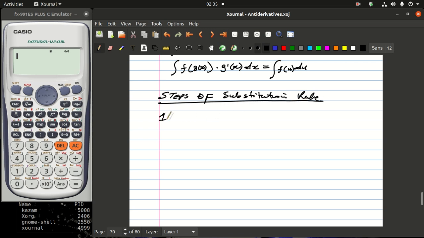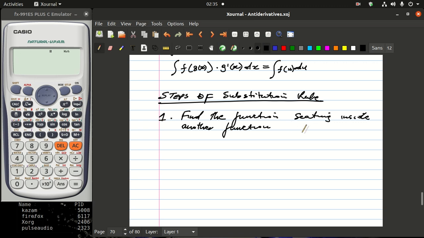Step number 1: find the function sitting inside another function, and let it equal u. So we let u be equal to that function that is sitting inside another function.